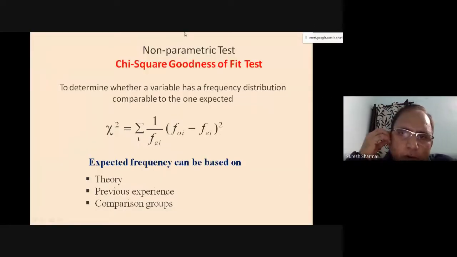Basically, chi-square is a non-parametric test, and it is used for 2 important purposes. Number 1, the goodness of fit test. And second, the chi-square test is used to see the association between 2 attributes or more than 2 attributes. 2 attributes basically.